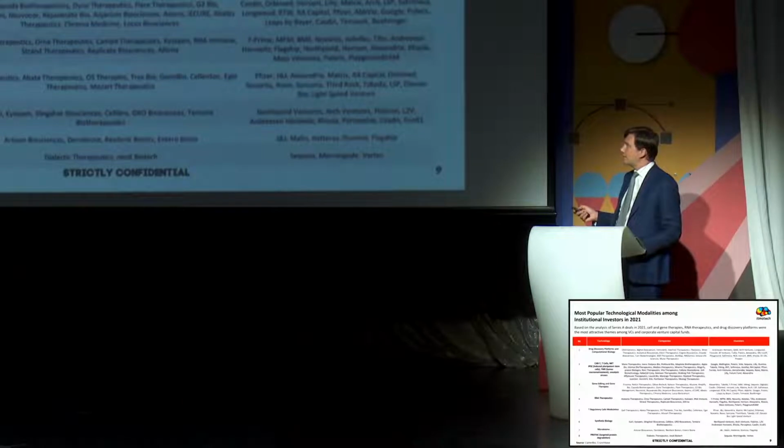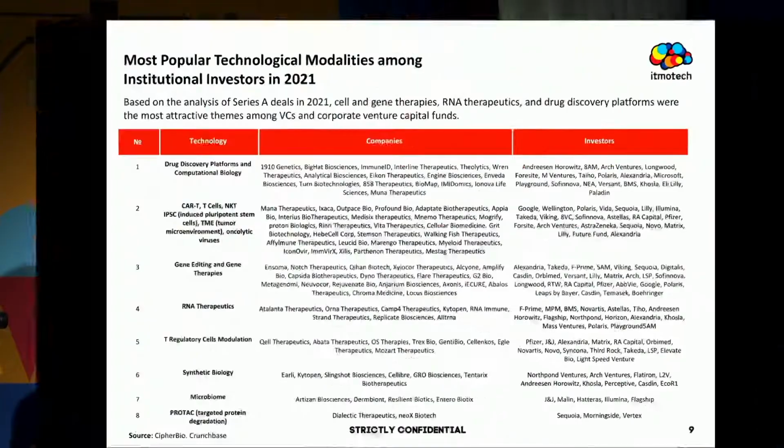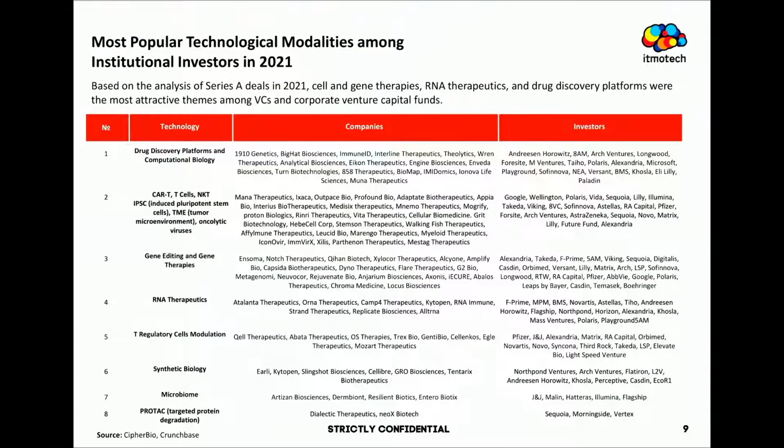On the first place is drug discovery companies, drug discovery platforms, computational biology. We'll be covering this probably in 2 lectures from now. Then CAR T cells. CAR T we'll be covering today. So we'll be covering the cell therapies combined with ex-vivo gene editing. Gene editing is on the third place. And then come a few others.